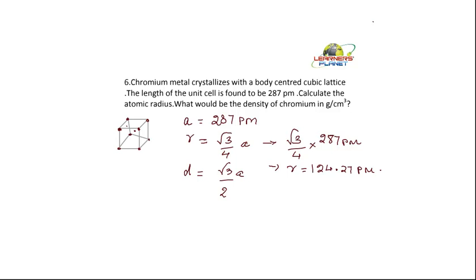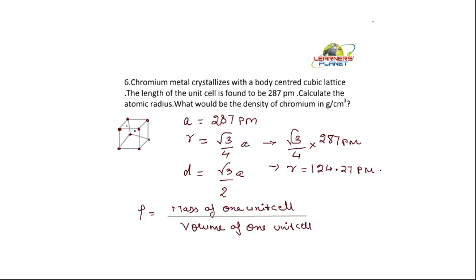What is the relationship between density, or how can you find out the density of a crystal? Density of a crystal is equal to mass of one unit cell divided by the volume of one unit cell.